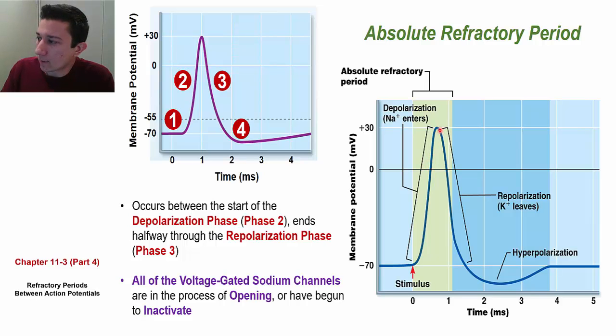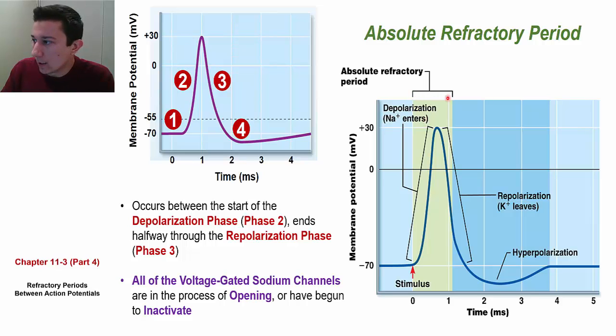And recall that at the very top of the changeover from depolarization to repolarization, the voltage-gated sodium channels start to become inactivated. Even if there is a stimulus, the channel still won't open and allow sodium into the cell. So even with a very strong stimulus, these channels aren't going to open again until they reset to their closed configuration. So that's the absolute refractory period.